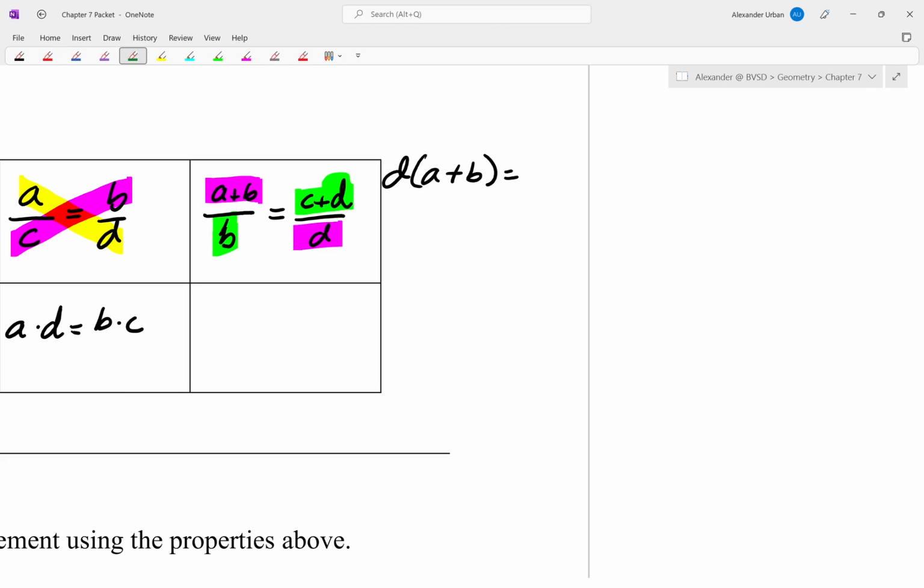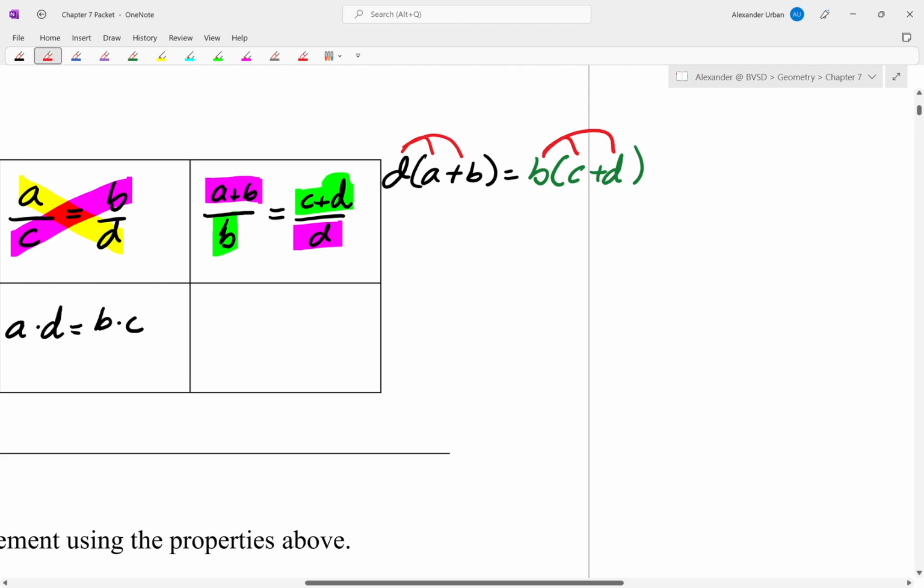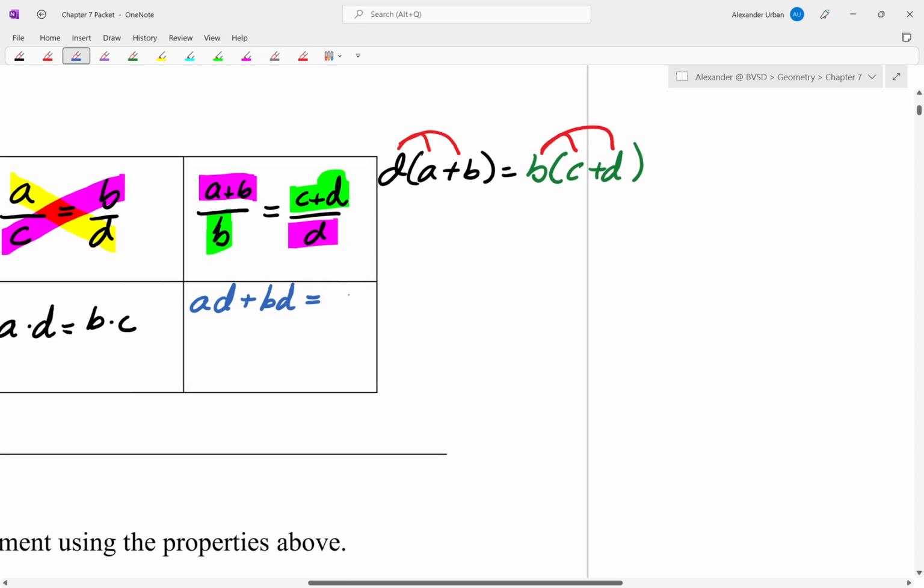So again, I will have B times C plus D. With both of these, I'm going to have to use distribution. And distribution is just multiplication over addition or subtraction. And so we should end up with this: AD plus BD will be equal to BC plus BD.